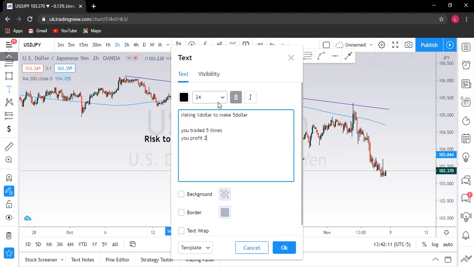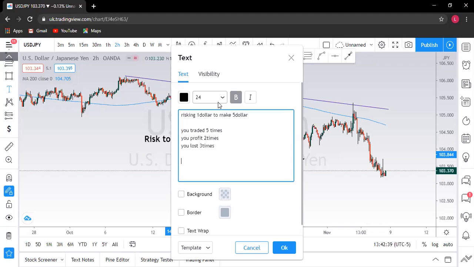So let's calculate it. You profited 2 times, you lost 3 times. I want to show you the power of risk to reward ratio. You lost 3 times. Can you see? So now you profit 2 times. You know you are making $5 each time you make a profit. So if you profit $5, and you made 2 trades, that means you have a profit of what?